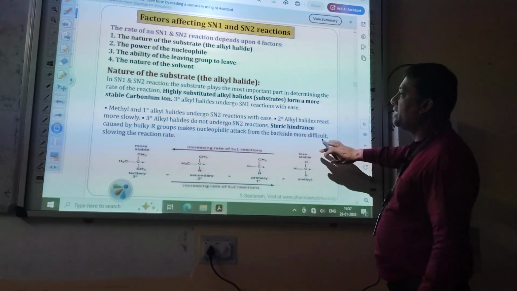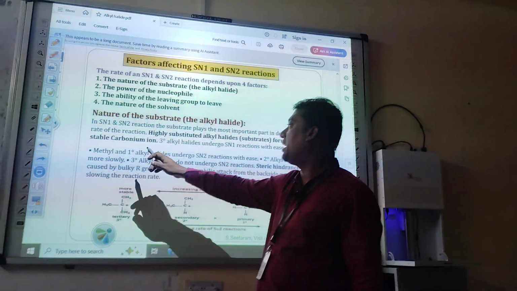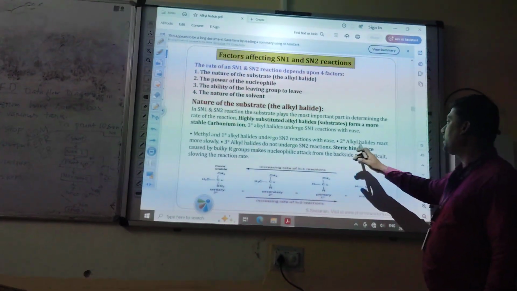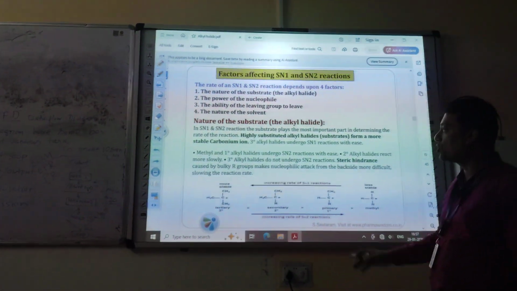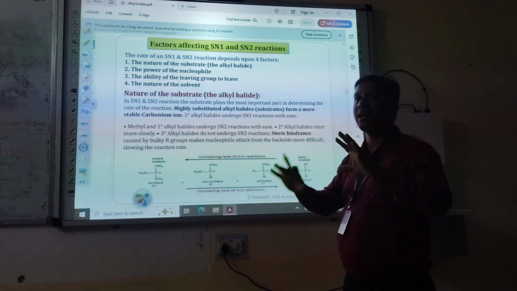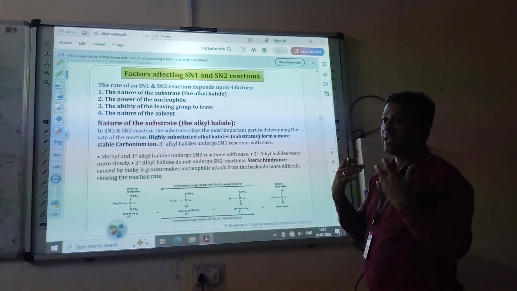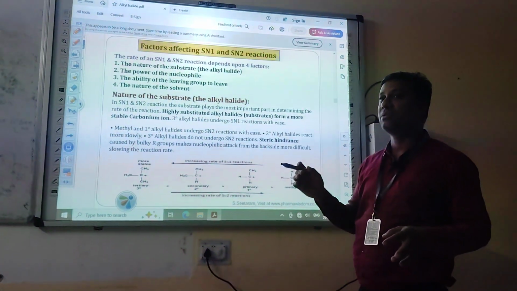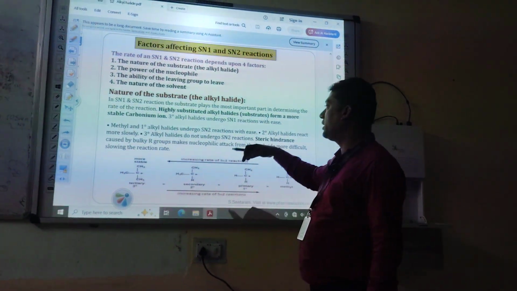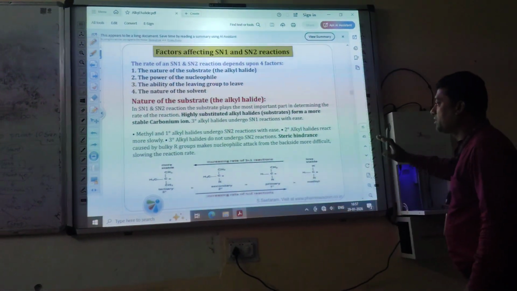This is about steric hindrance. Because of steric hindrance, the methyl and primary alkyl halide undergo SN2 reaction. The secondary alkyl halide reacts more slowly, and the tertiary alkyl halides are bulky enough. They are larger, and the nucleophile cannot enter the central carbon. That's why the tertiary alkyl halides cannot undergo SN2 reaction.